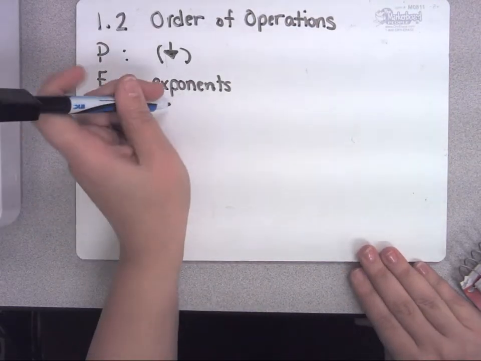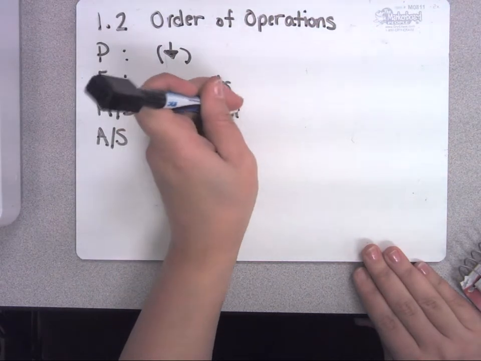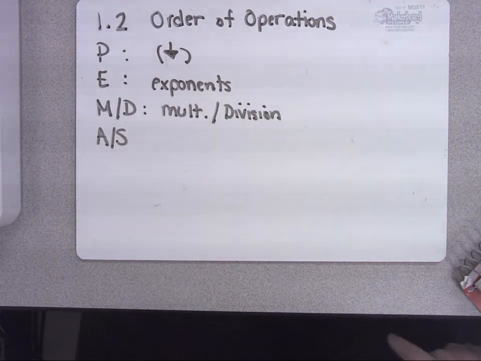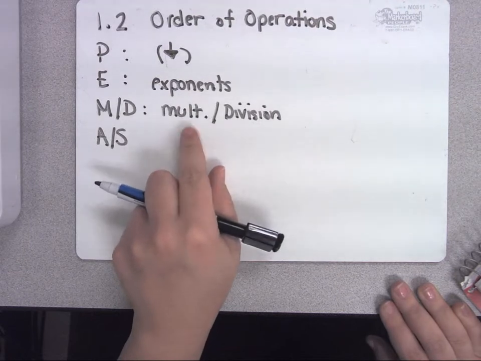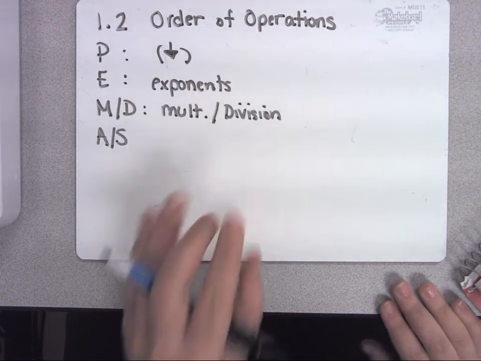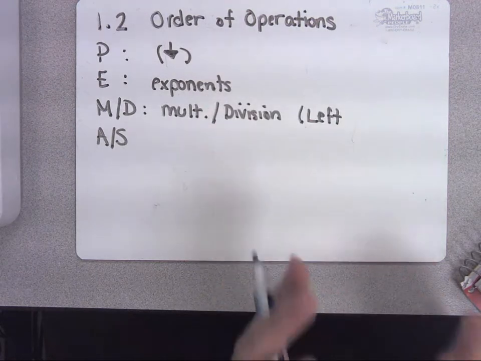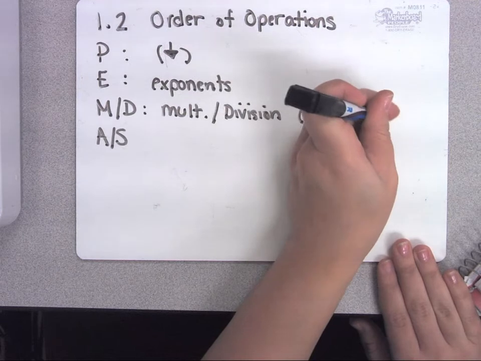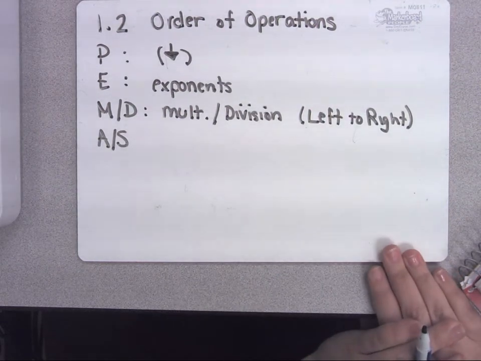M and D, Jalen said, are multiplication and division. CJ restated the obvious that they're together. The reason they are is because multiplication does not come before division. You look at a problem and you do them left to right, whichever one happens first, just like you read. Or should, if you could, depending on your reading skills.